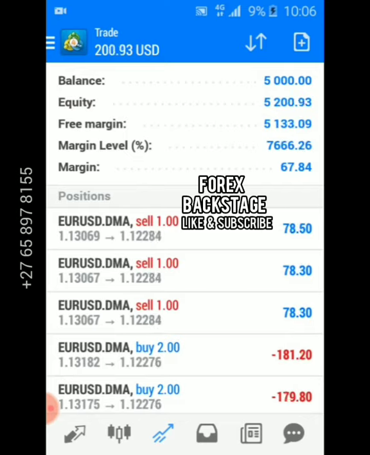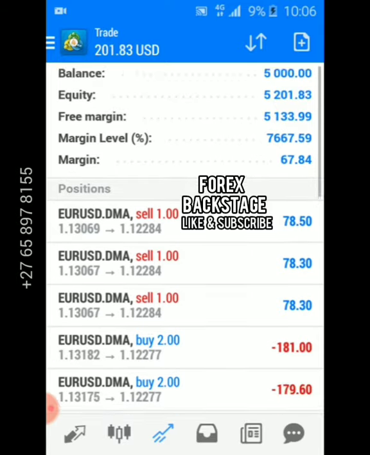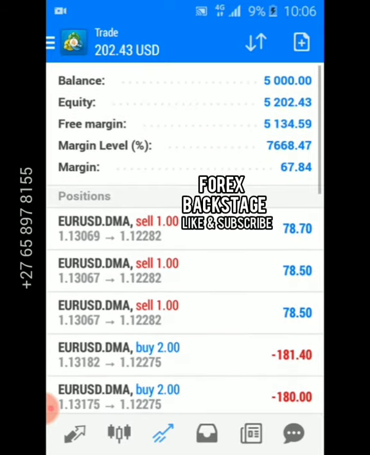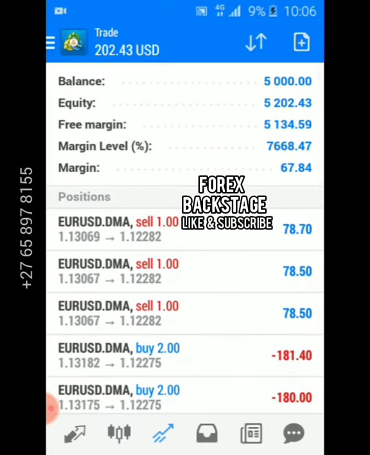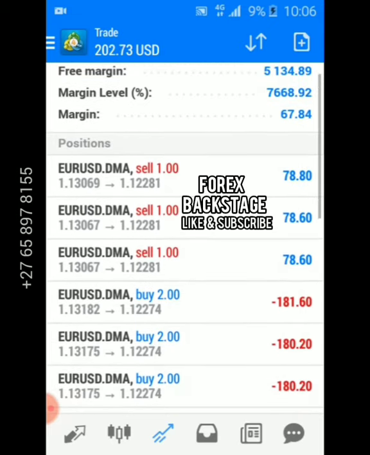So these sells, when I take them, I set the pending orders of buy. These pending orders of buy must use my lot sizes on the scale of 1, 2, 3, 4, 5, depending on how much you have in your account.